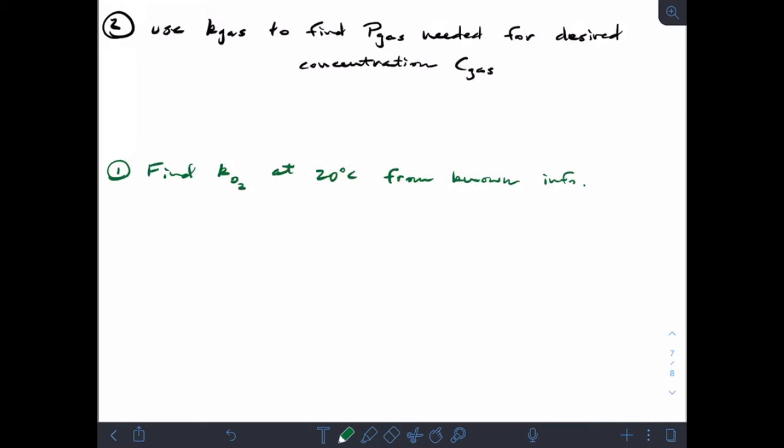Okay, so we go to a table and we find that the solubility of O2 in water at 20 degrees Celsius is 48.9 milliliters of O2 per liter of H2O.